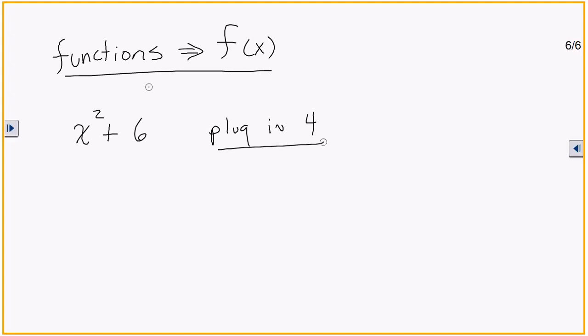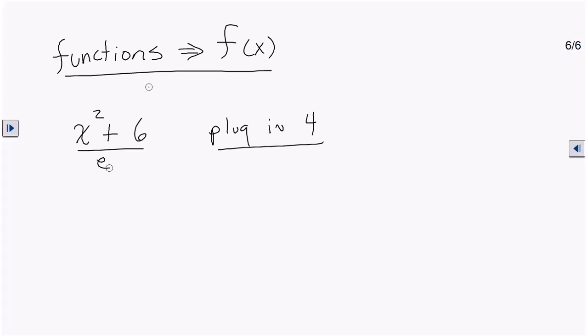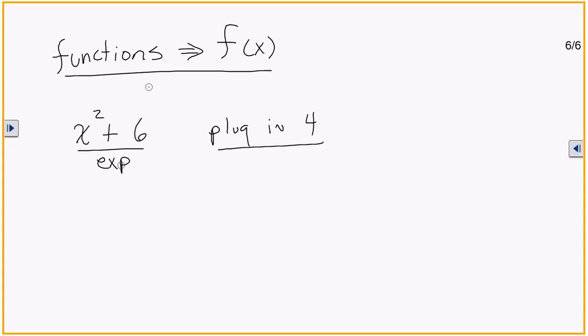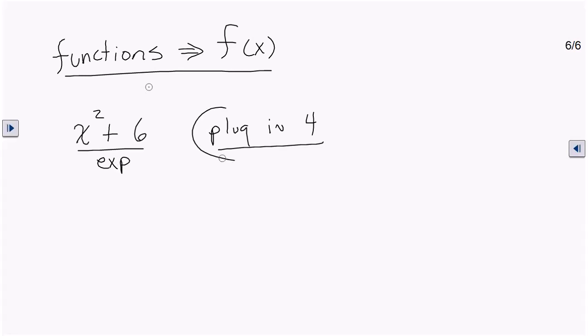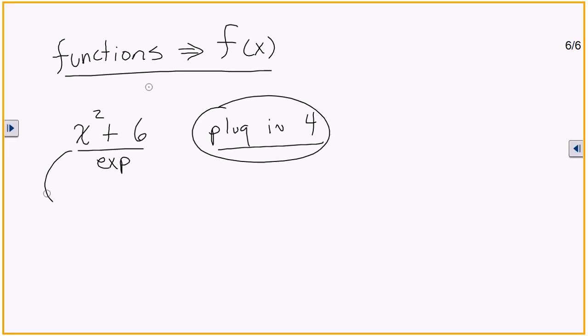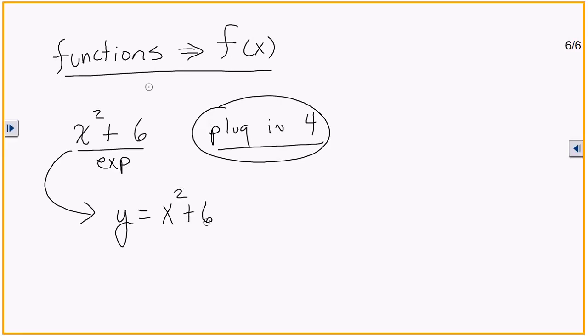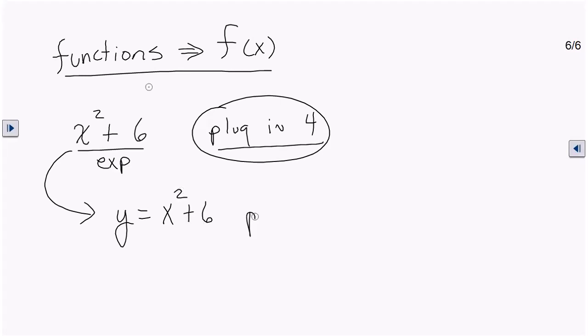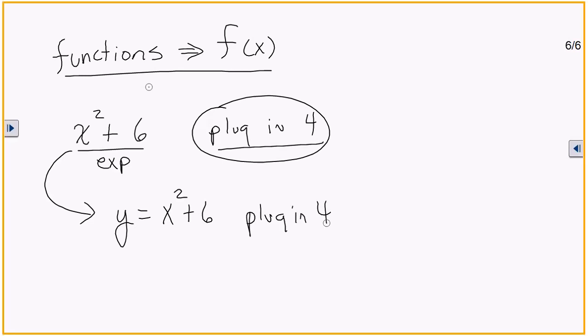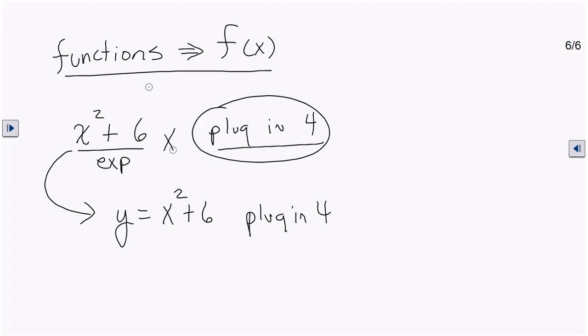All right? This is an expression the way it is written. When I tell you to plug in something, it turns basically into this. y is equal to x squared plus 6. And I'm going to plug in 4. Now, this is no good.